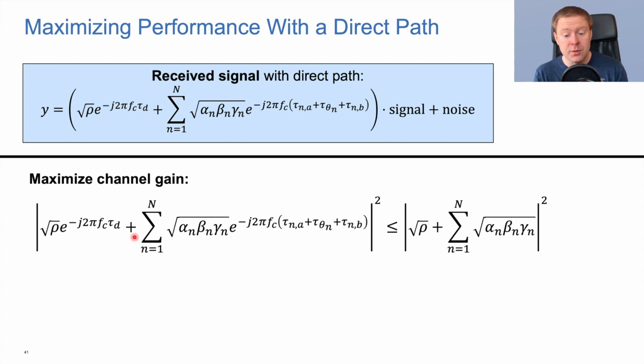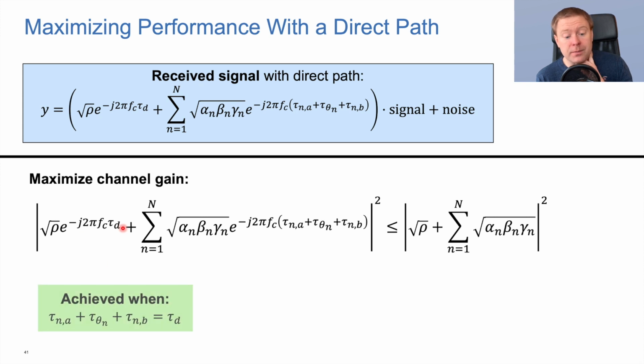So what we need to do now is to align all of the paths from the surface with the path from the direct path. And we would like to achieve that tau d is equal to the sum of these ones. The problem is that generally tau d, if we have a direct path, is probably shorter than taking the detour via the surface. So typically there is no solution of this kind where tau theta n is a positive number.